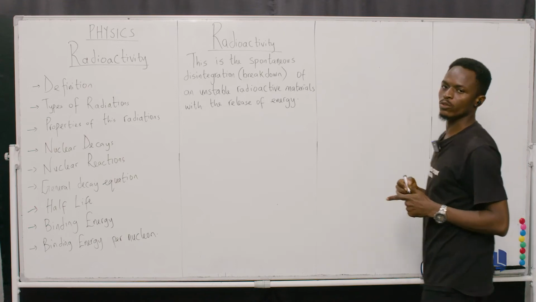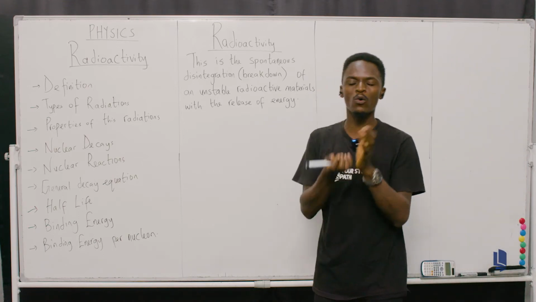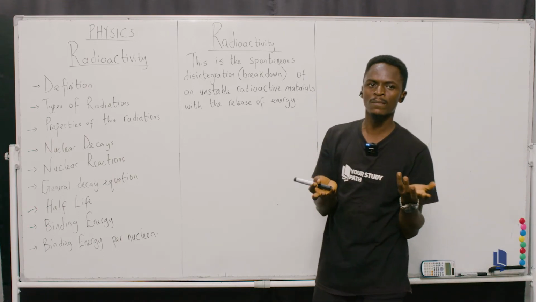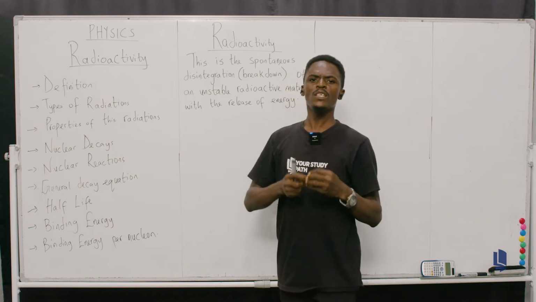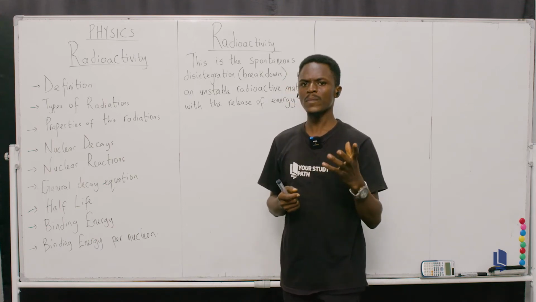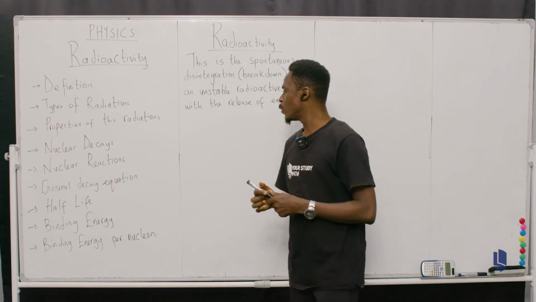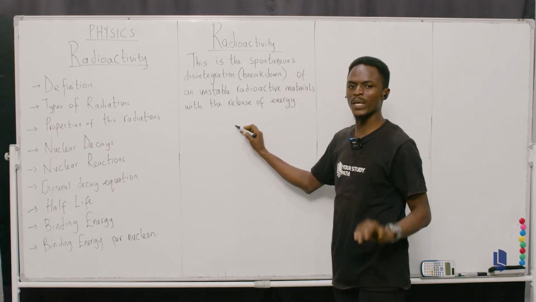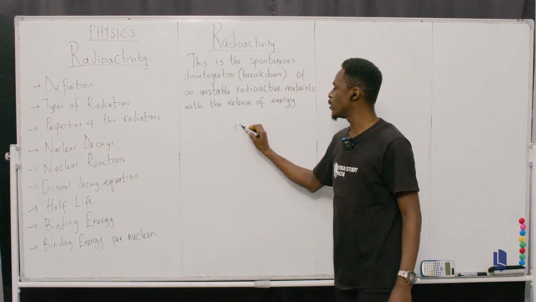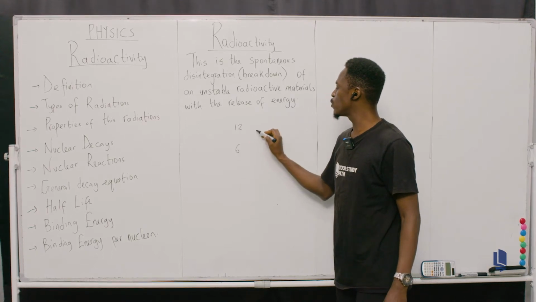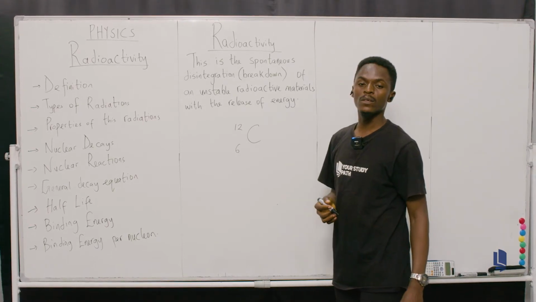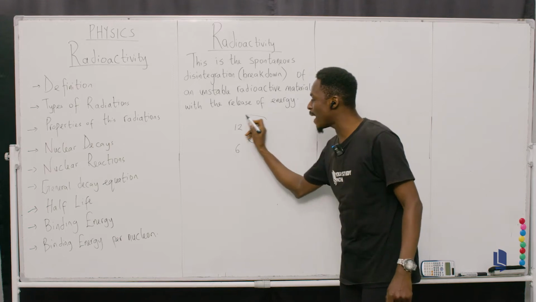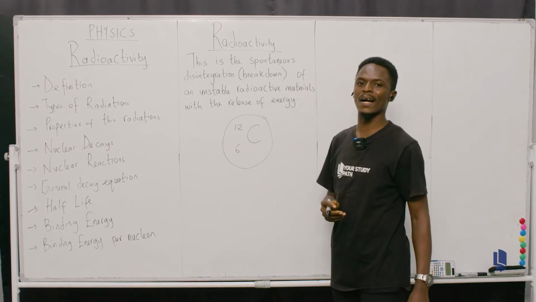So energy is usually released when these unstable materials disintegrate. You can take, for example, carbon. Based on the periodic table, carbon would be 12,6 C. This is the stable form of carbon.